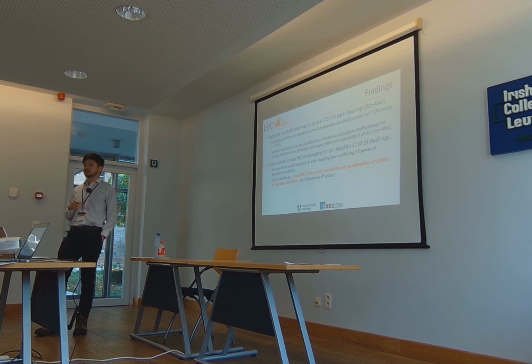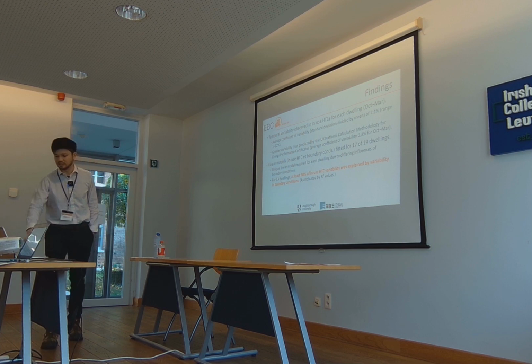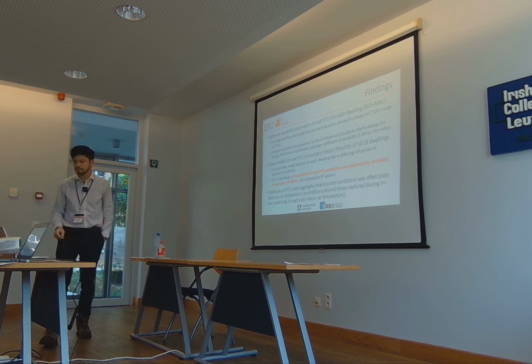So it wasn't a case that wind speed was always influential, or that outdoor temperature was always influential. But for 13 of the dwellings, at least 80% of the in-use HTC variability was explained by the variability in the boundary conditions, as indicated by R-squared values for the linear models.